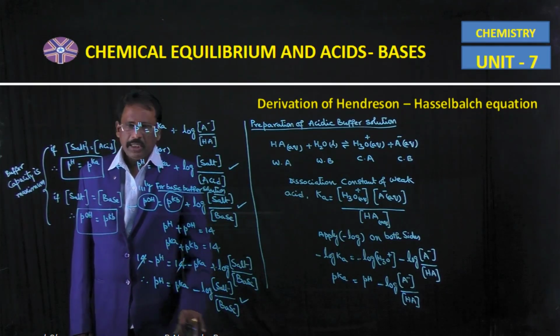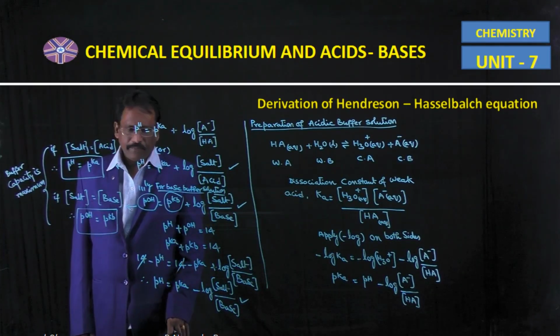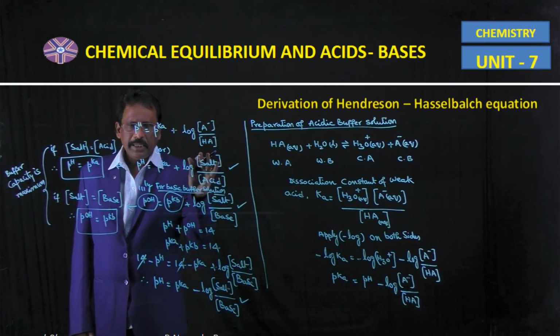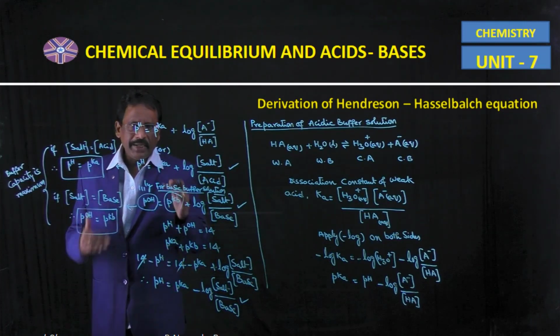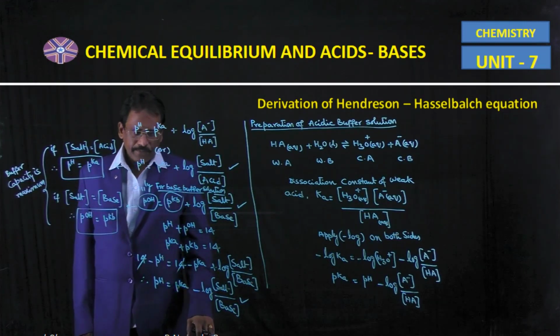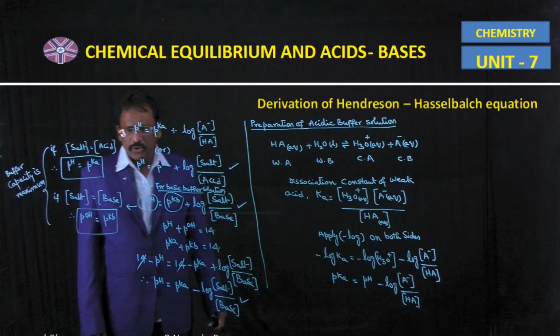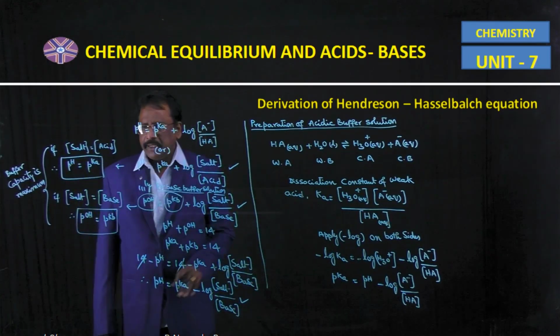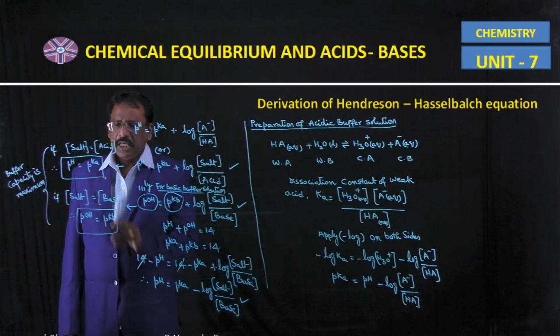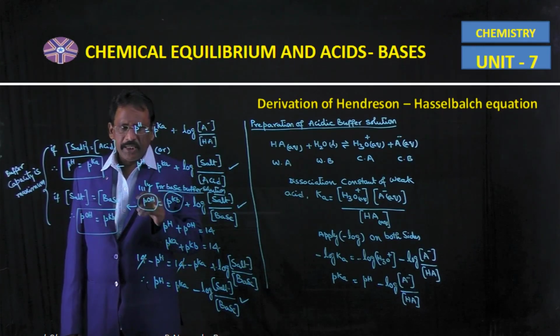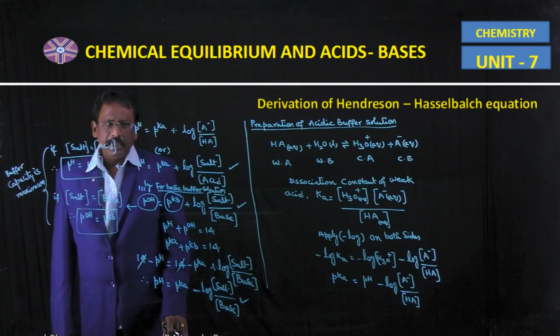If the active mass of the salt and acid are equal, for that buffer solution buffer action is more. Similarly, in a basic buffer solution, if the active mass of the salt is equal to the active mass of the base, the pOH value of that basic buffer solution is equal to the pKb value of that weak base.